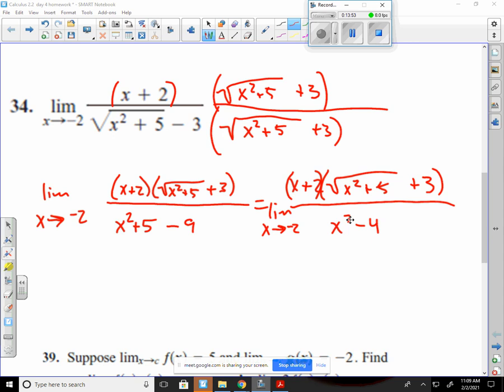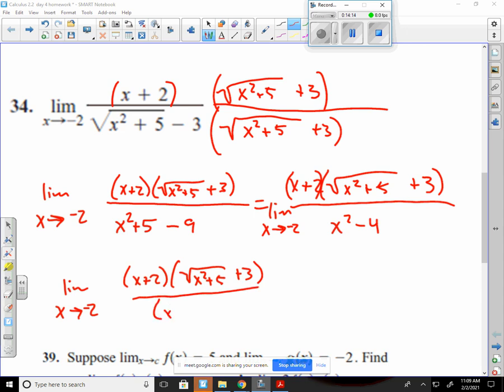Still, if I plug a negative 2 in, that's not going to work. So I have to factor my bottom out. Bottom factors out to x plus 2 and x minus 2.